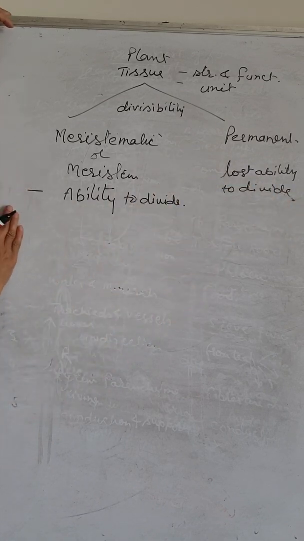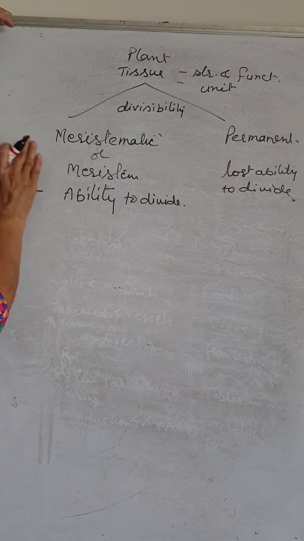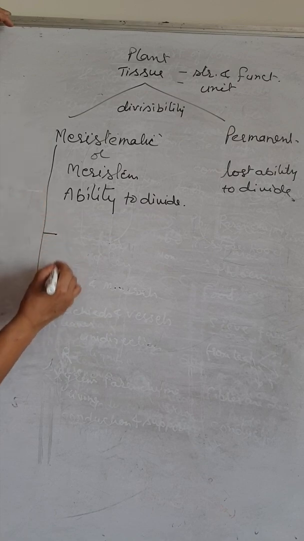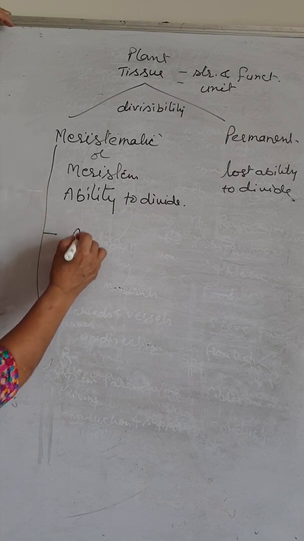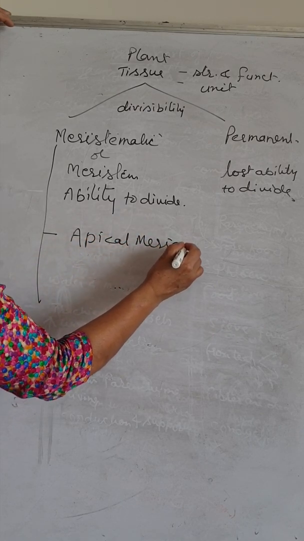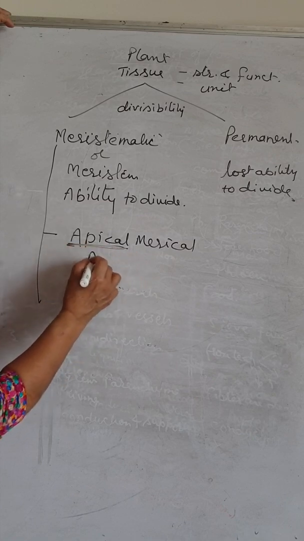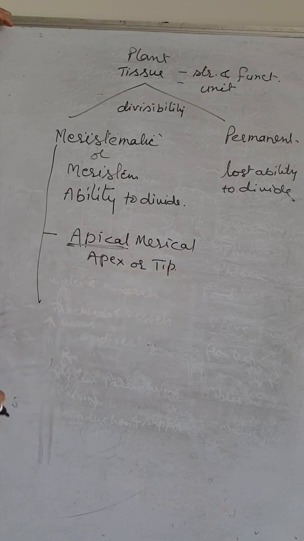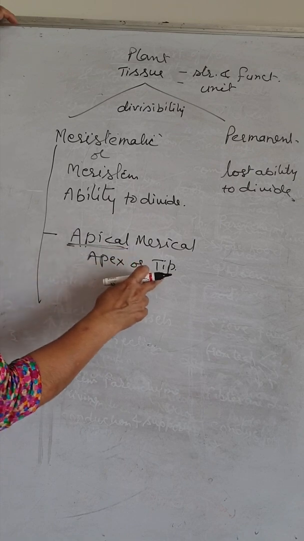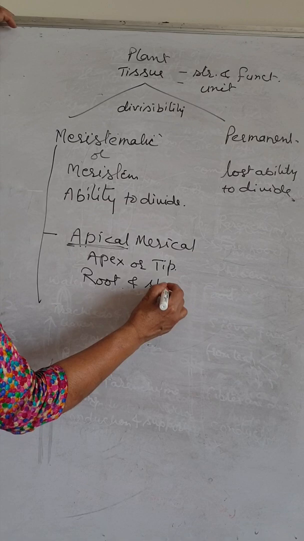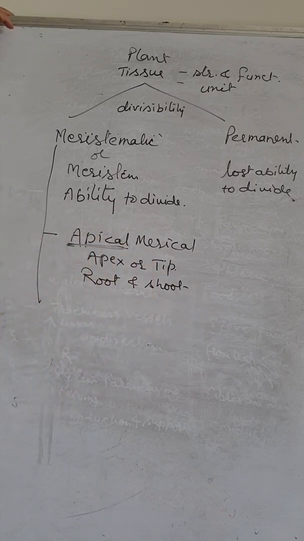On the basis of location, the meristematic tissues are of two types. The first one is apical meristem. The word apical means apex or tip. The tissues which are found at the apex or the tip of root and shoot are called apical meristem.